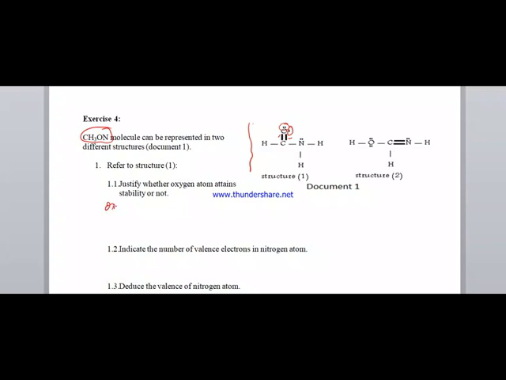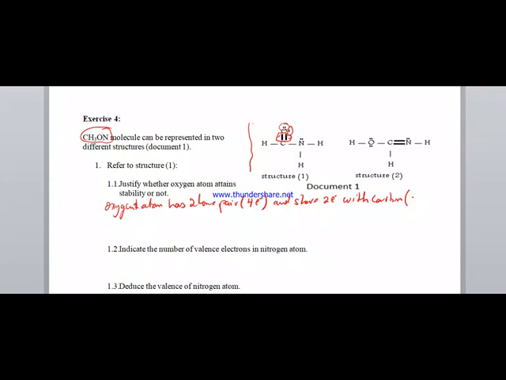Then the oxygen atom has 2 lone pairs, meaning there are 4 electrons, and it shares 2 electrons with carbon. So we have here 4 electrons, and we have shared 2 electrons with carbon.